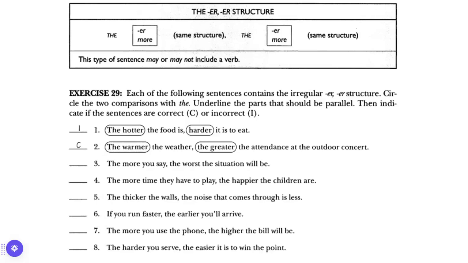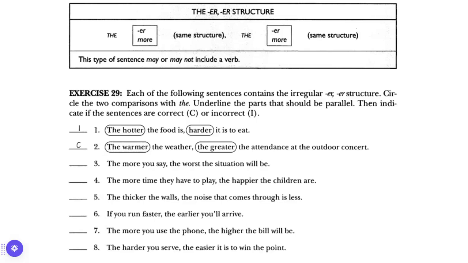Let's see number 2. The warmer the weather, the greater the attendance at the outdoor concert. If you notice, this sentence does not have a verb. Okay? So don't get thrown off by that. Let's go to the next.